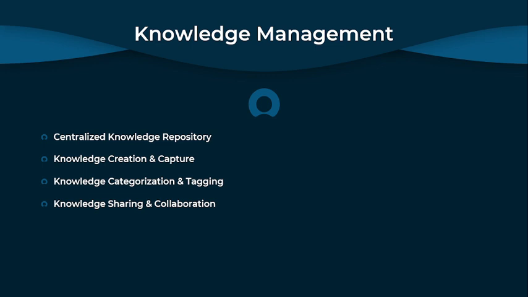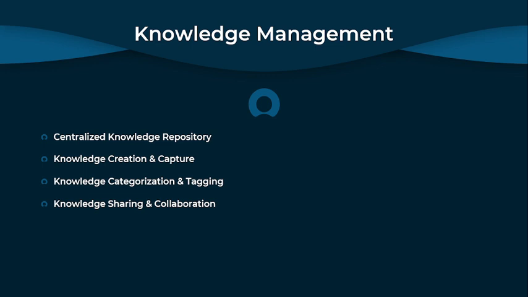Knowledge management is basically a systematic process of gathering, organizing, and sharing an organization's information and expertise for easy access. Technical resources, instructional documentation, FAQ pages, etc., are examples of knowledge that should be made available through knowledge management. Centralized knowledge repository.